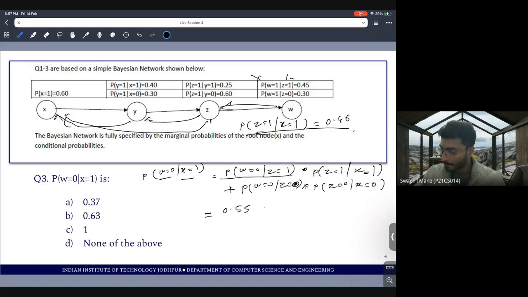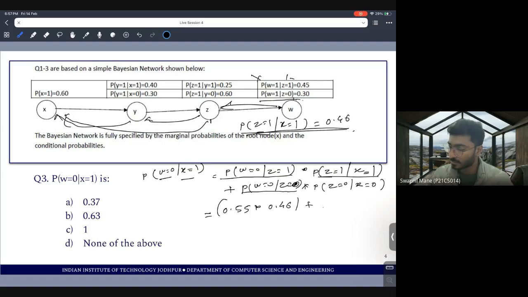Into the probability of z is equal to 1 given that x is equal to 1. That value was previously calculated, which is 0.46. Plus the probability of w is equal to 0 given that z is equal to 0, for which we subtract from 1 to get 0.70, into the probability of z is equal to 0 given that x is equal to 1.